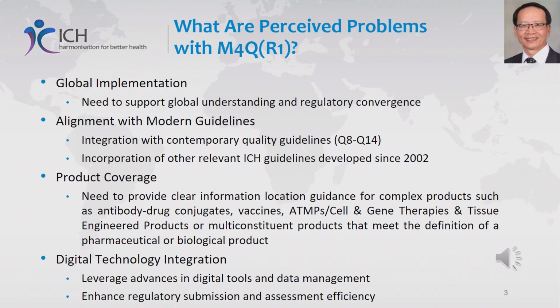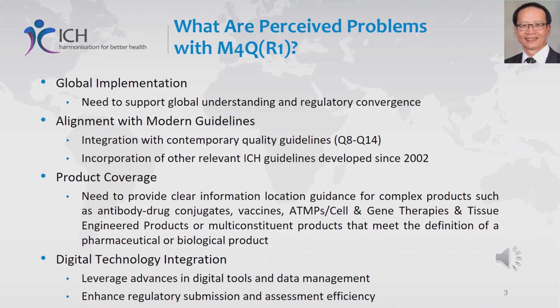First, global implementation. M4Q R1 was groundbreaking. We need better support for global understanding and truly regulatory coverage across the regions. Aligned with modern guidelines. Since 2002, ICH has developed numerous quality guidelines that represent modern pharmaceutical drug development.